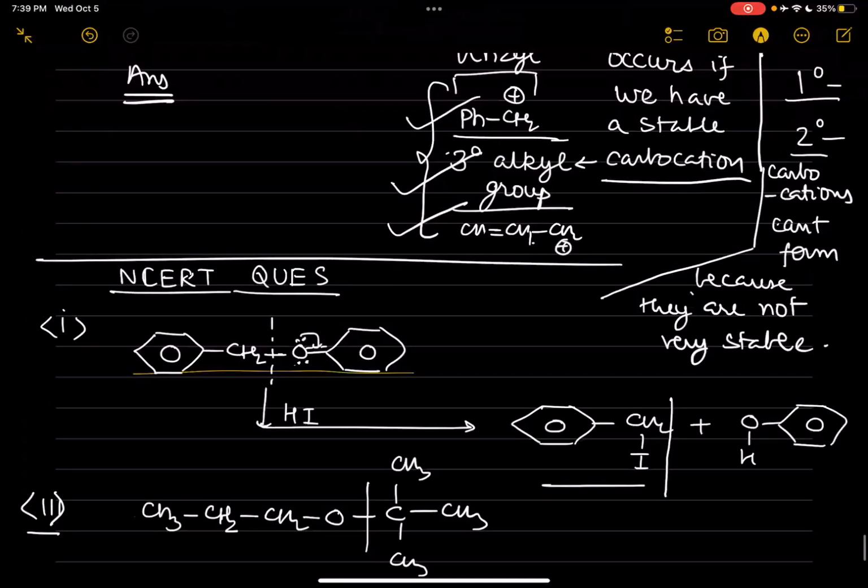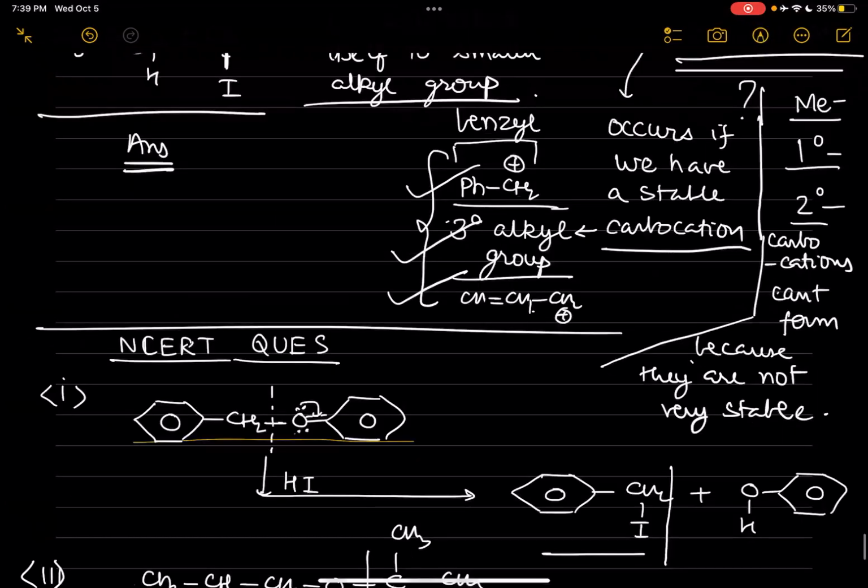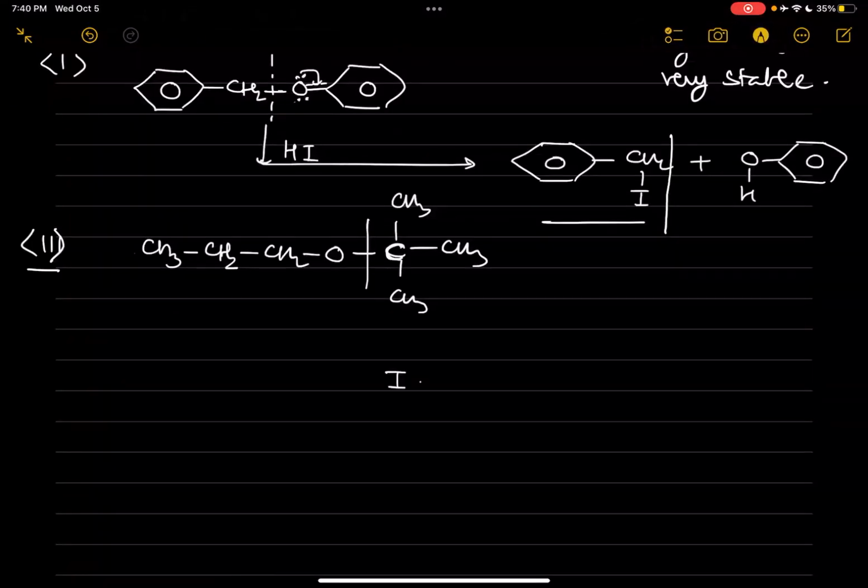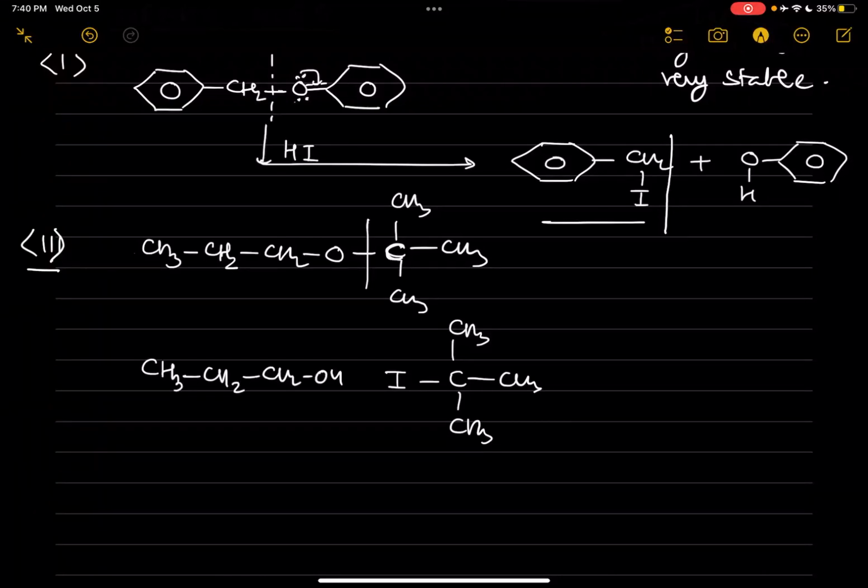So this is the place where you can have the plus charge. The plus charge can reside easily on this. So if the plus charge comes, I'm going to put the I minus on this carbon. Anushka, is it clear? Yes, sir, clear. Imad? Yes, ma'am. Okay, it is SN1.